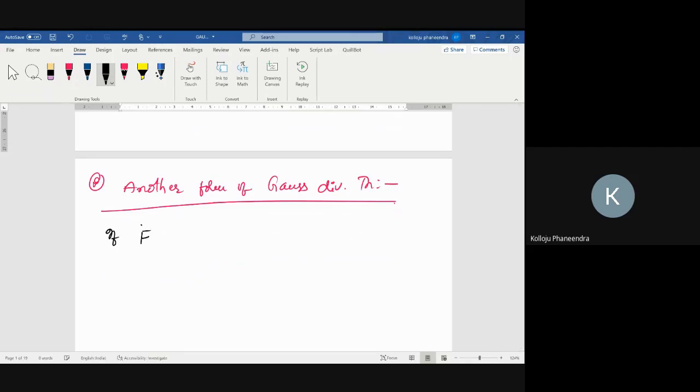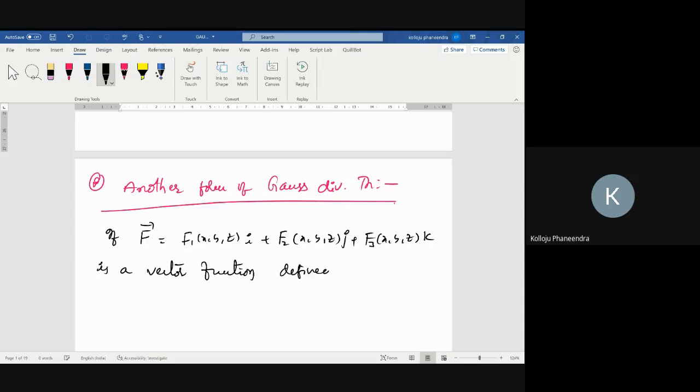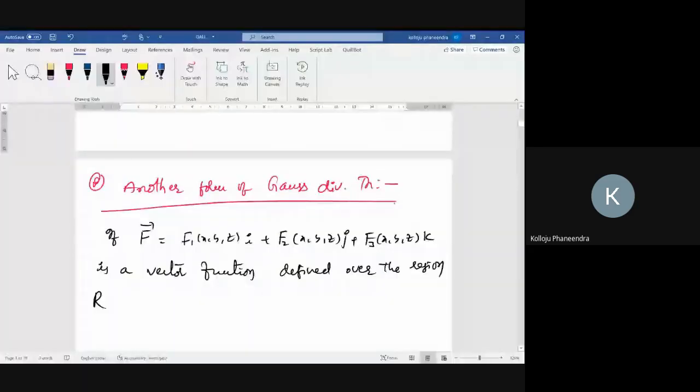If I write in terms of f bar, f1 of x, y, z i plus f2 of x, y, z j plus f3 of x, y, z k is a vector function defined over the closed region V bounded by the surface S.